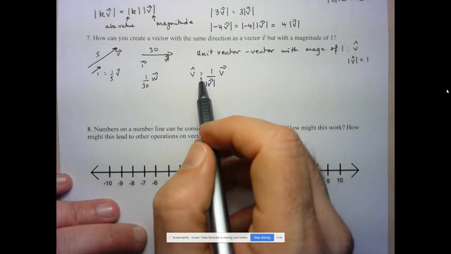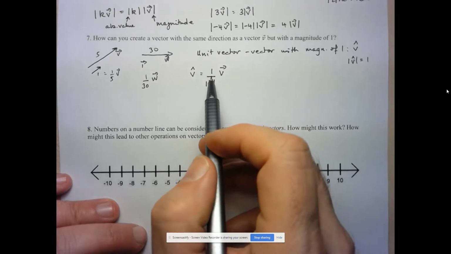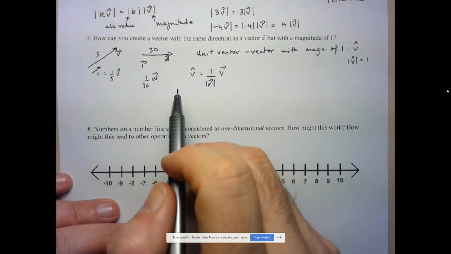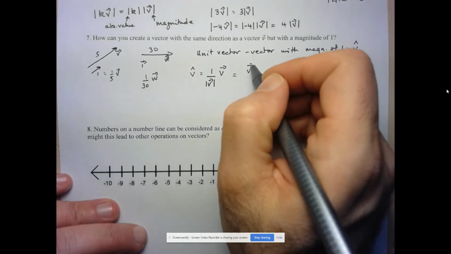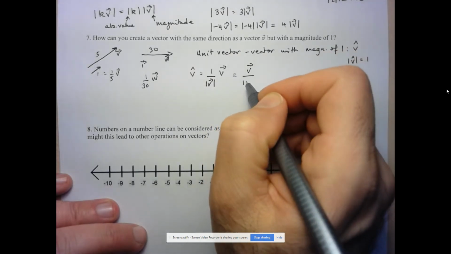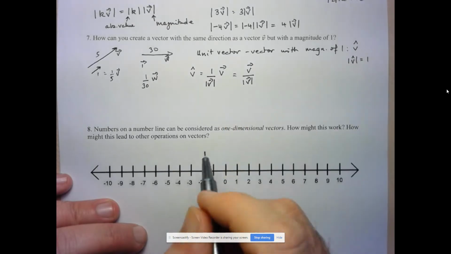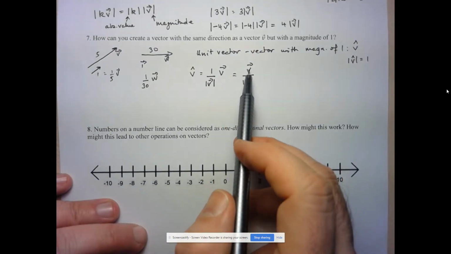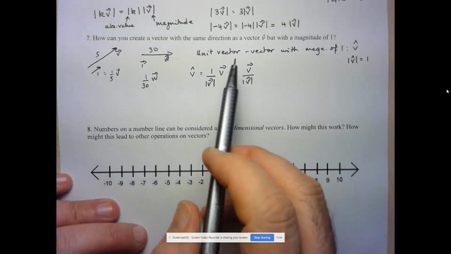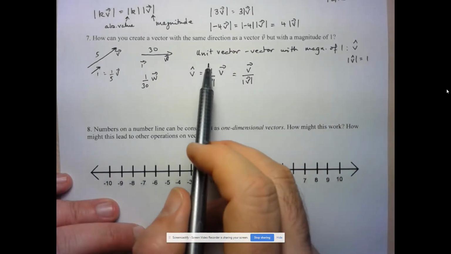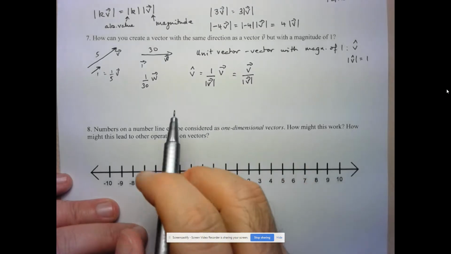We can write it in this way, which is more indicative of the fact that it's a scalar multiplication, but often we just write it like a division: the vector v divided by its magnitude.